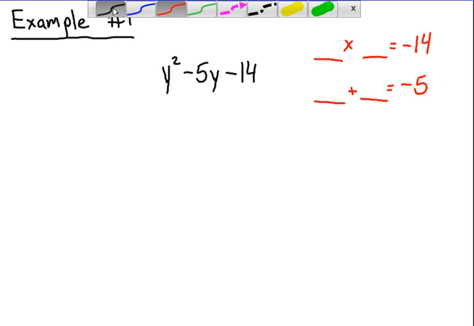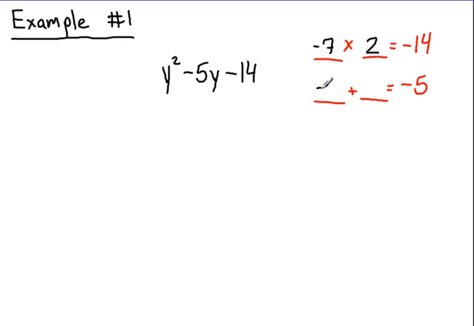In this particular problem, we can see that the two numbers that make this work are going to be negative 7 and positive 2.